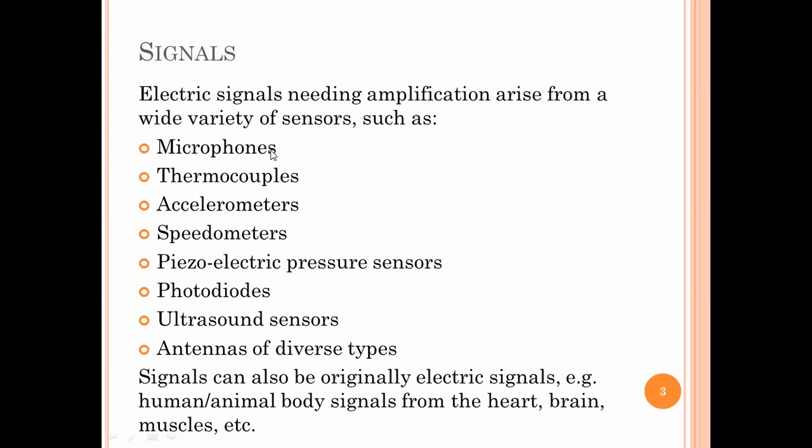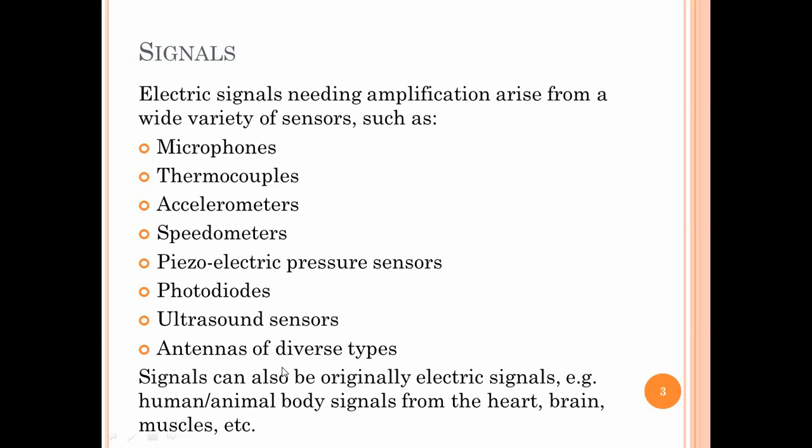A microphone would convert audio to electrical, a thermocouple will convert a temperature difference to an electrical signal, acceleration, speed, a piezoelectric sensor converts pressure to an electrical signal, photodiodes light to electrical signal, ultrasound waves to electrical signal, antennas.